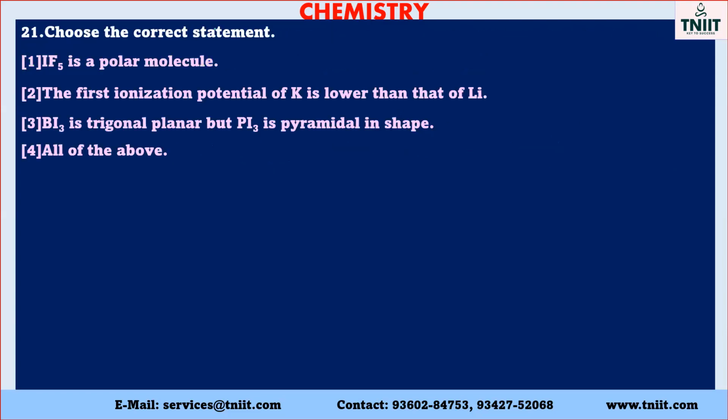Choose the correct statement. IF5 is a polar molecule. The first ionization potential of K is lower than that of lithium. They're asking for the correct statement. IF5 is a polar molecule.